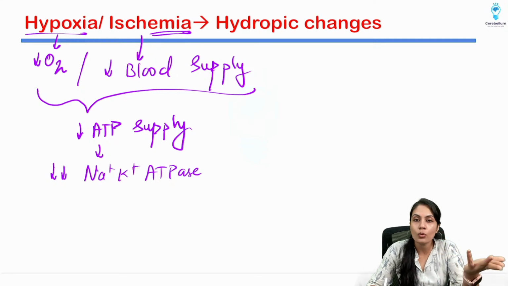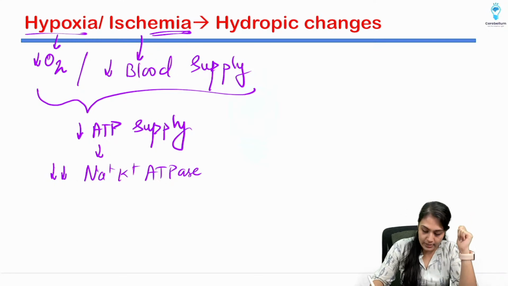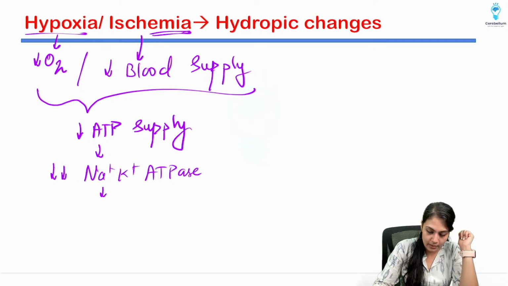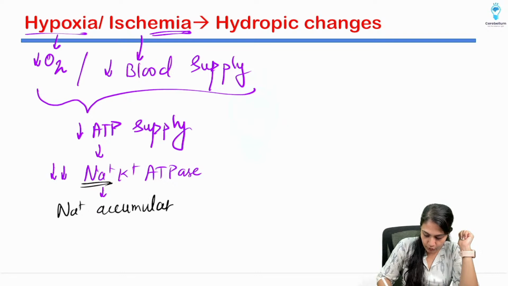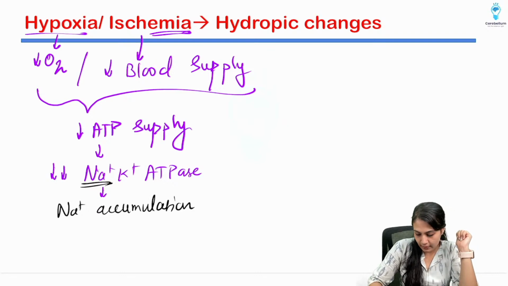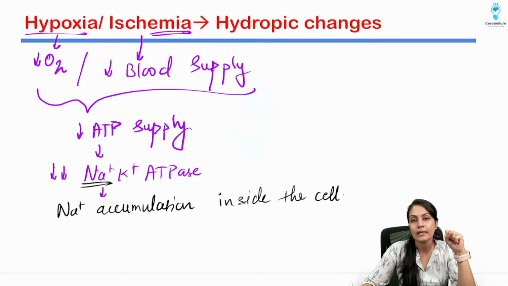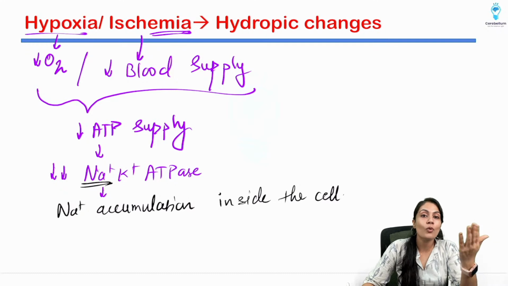What will happen? Will the sodium be able to go out? No, the sodium will start to accumulate inside the cell. So sodium won't be able to go out, and sodium accumulation will start inside the cell. If sodium accumulation starts inside the cell, what is going to happen? I told you sodium is a crush of water. Wherever sodium goes, water follows.